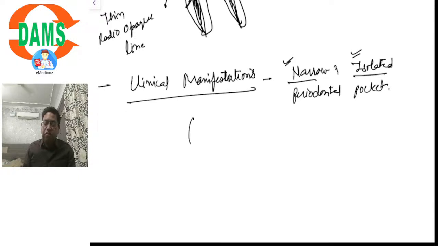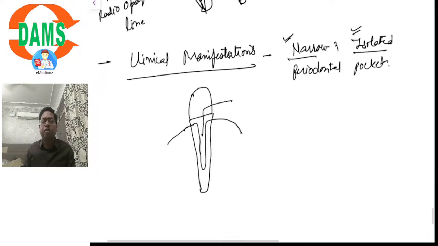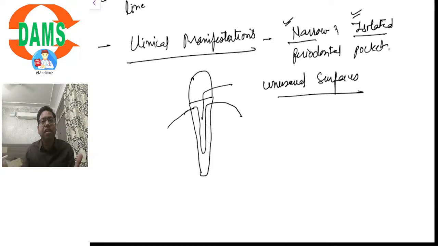Okay, so there is a tooth with a root like this, and when we probe the gingiva all around the tooth, there is a narrow and isolated pocket. This narrow and isolated periodontal pocket is on unusual surfaces. What are the most common surfaces for pockets to develop? Definitely they are the mesial and distal, or the proximal surfaces.